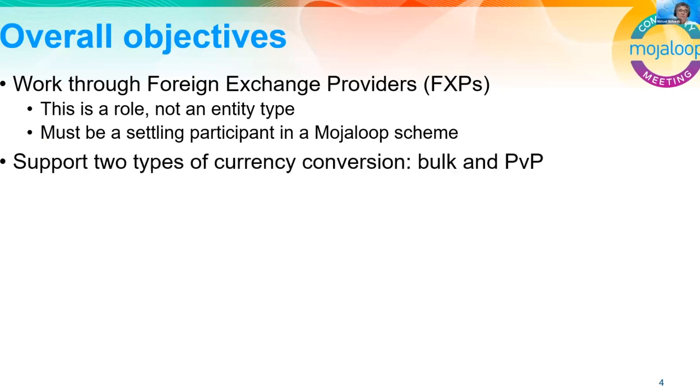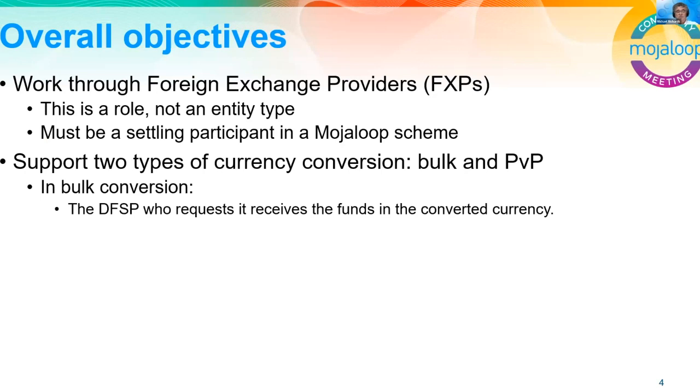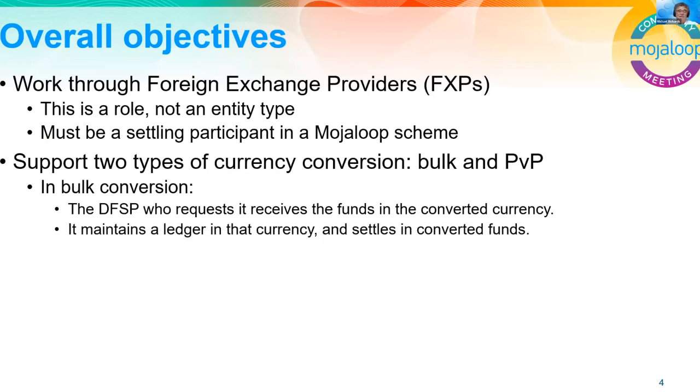We want to support two different types of currency conversion, bulk and payment versus payment. In bulk conversion, the DFSP who requests the conversion receives the funds in the converted currency, and it can then do with them as it will. So it maintains a ledger in that currency and it can settle in converted funds.